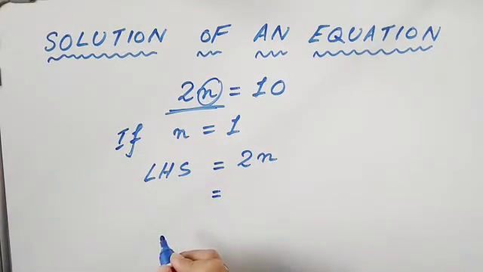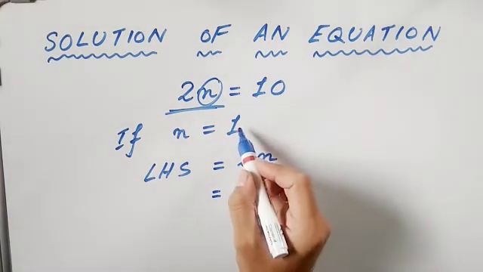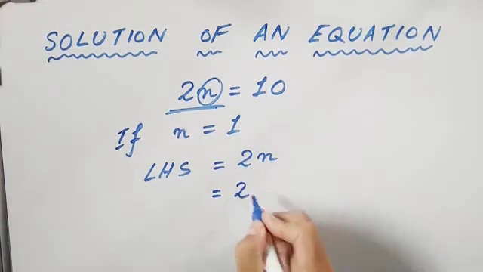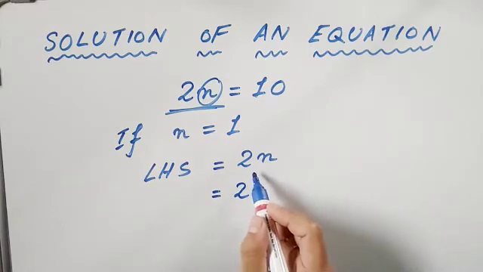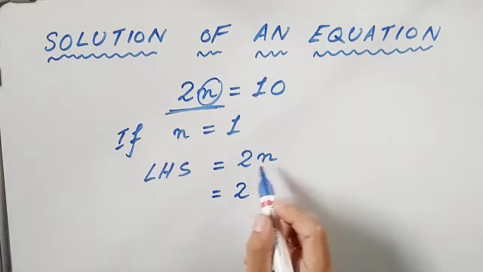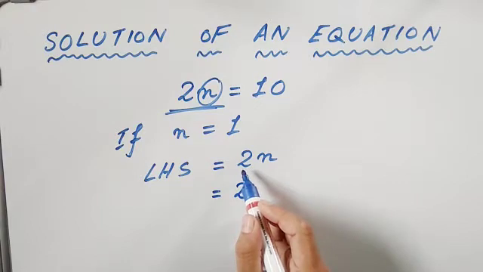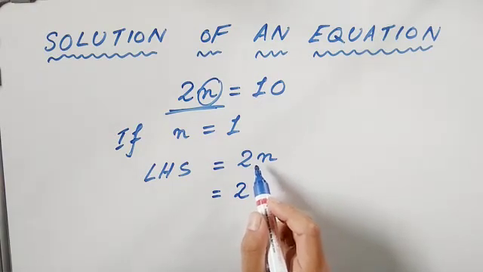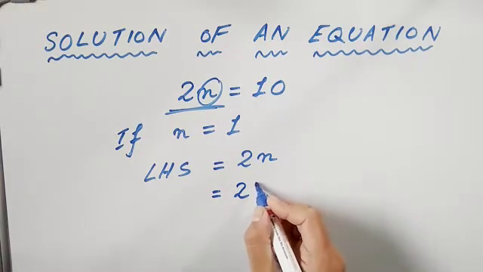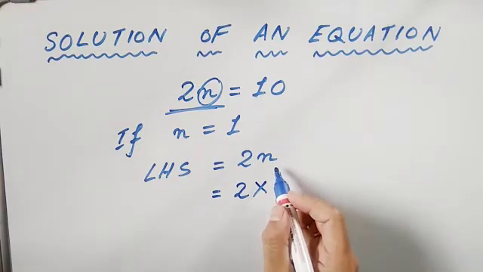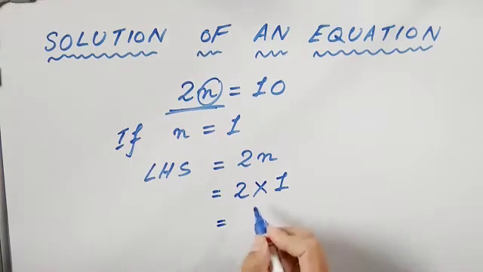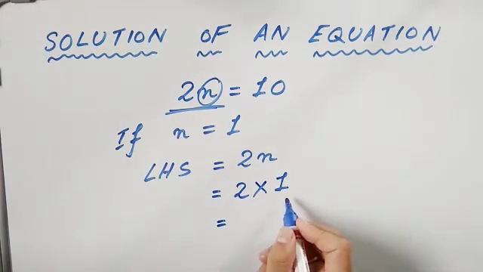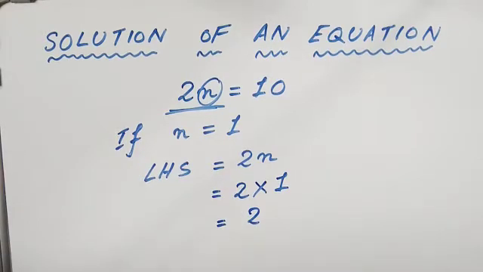And we have taken the value of n to be 1, so 2. And remember what I told you, students, if there is no sign between the variable and a number, then we must know that there is a multiplication, right? So 2 into 1, or you can say 2 times 1. So the value of 2 times 1 is 2, right?